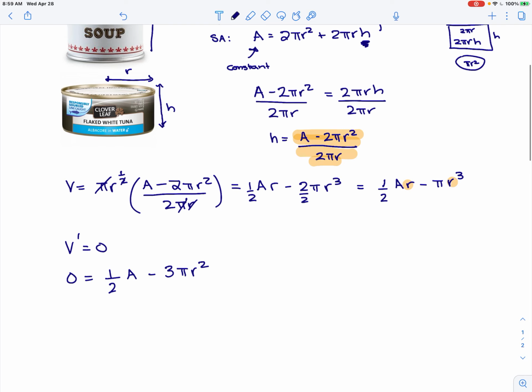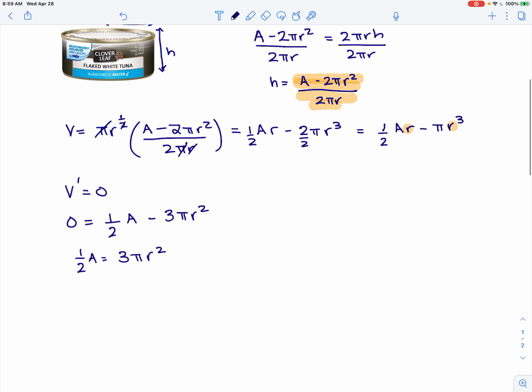So I have a half A is equal to 3 pi r squared, and then I can divide by 6.